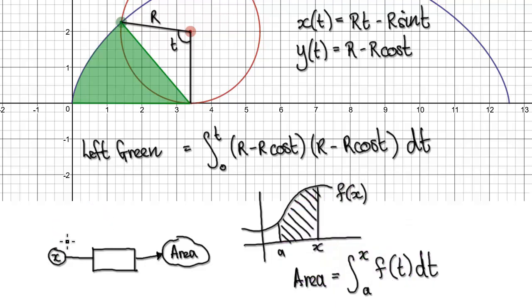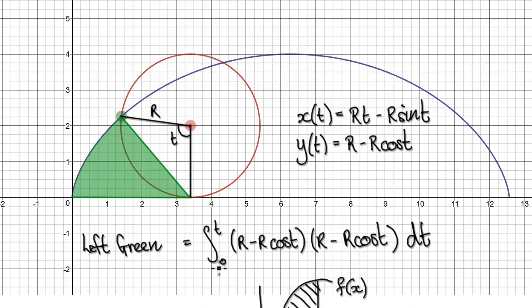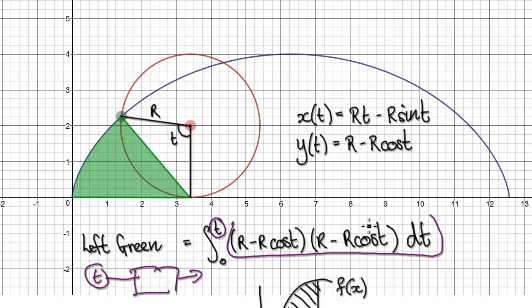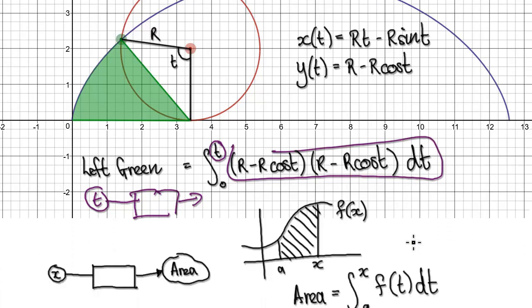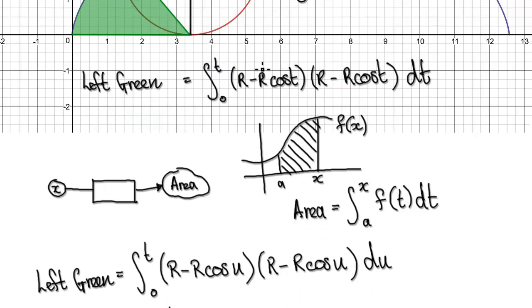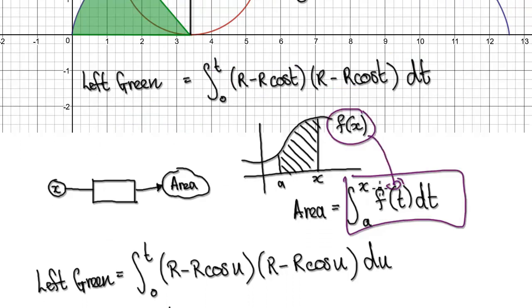Well, the same is true here. We want to reserve this t. We are trying to create a function where we insert a t and it spits out the area. But the problem is our function here is all in terms of t. So the way we get around this is to call this t something else. Let's call it u, just like what we did up here. We reserve this x to represent the input, and now we're trying to do the same thing.